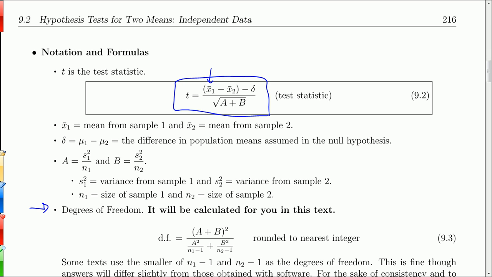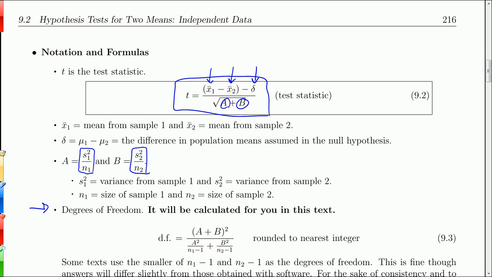X1 bar will be the mean from sample 1. X2 bar is the mean from sample 2. Delta will be the difference in means presumed in the null hypothesis. And then we have a couple of other variables, the square root of a plus b, where a is the variance of the first sample divided by n1, and b is the variance of the second sample divided by n2.